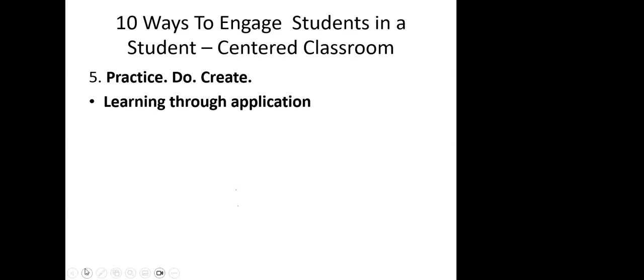And number 5, make sure you encourage practice, do, and create. This is learning through application. Once you go in your classroom, please let students practice. Let them do and let them create on their own. They will make different applications using their own effort.